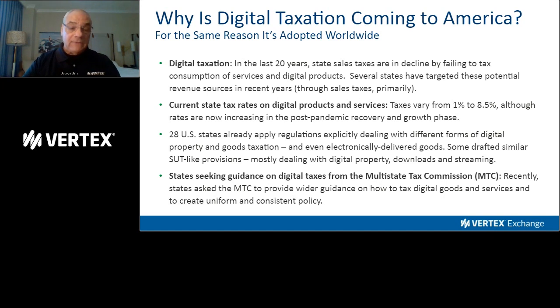Even electronically delivered goods are now being taxed more than before, right? Some do it in a manner like sales and use tax. We already see many states taxing streaming, uploading, educational services, different types of banking services with financial intermediaries, etc. So mostly right now they are dealing with digital property, with download and streaming.